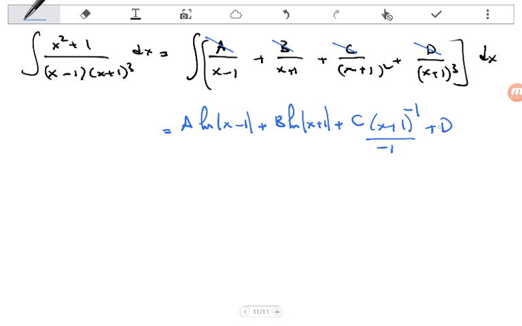And for the last term, this is x to the power minus 3, so it will be x plus 1 raised to power minus 2 over minus 2. And I have the values of a, b, c, and d. So this is the result of the integration. Okay?